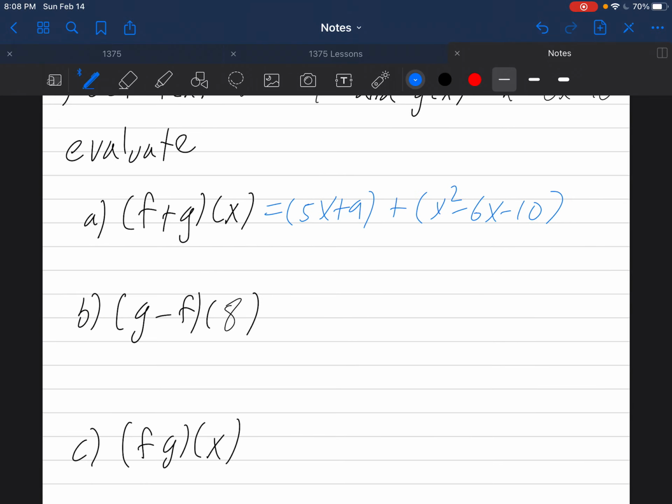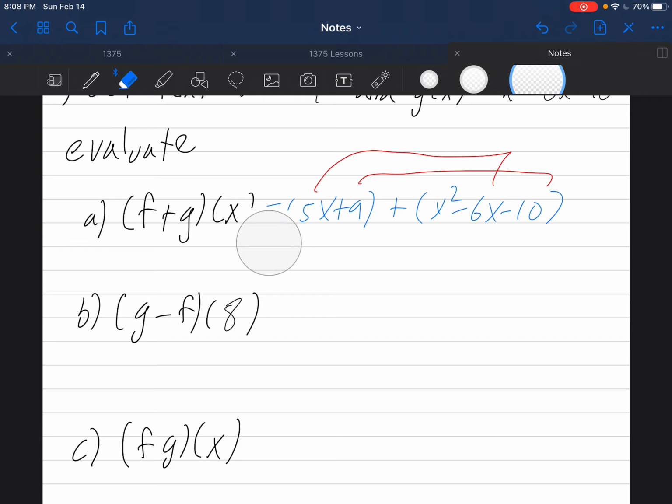Right, it's really just at this point combining like terms. Just algebra, combine like terms here, and we're going to get x squared minus x minus 1.